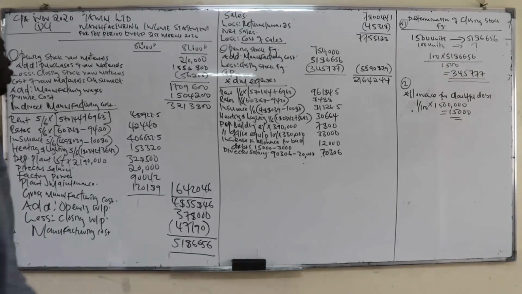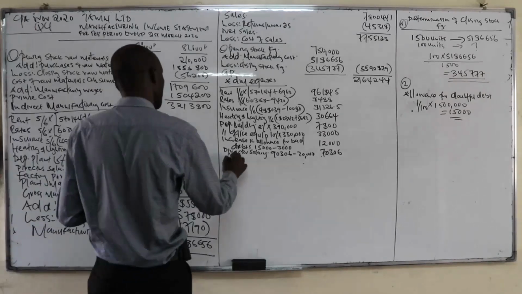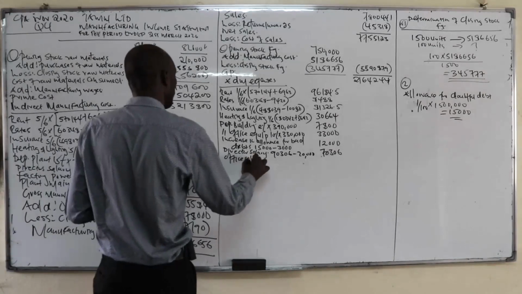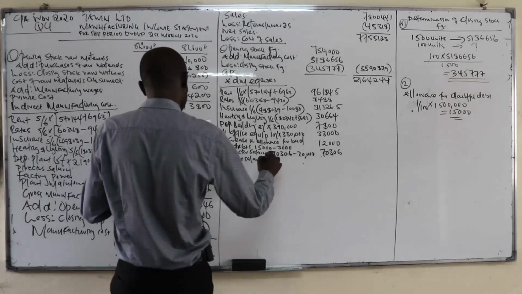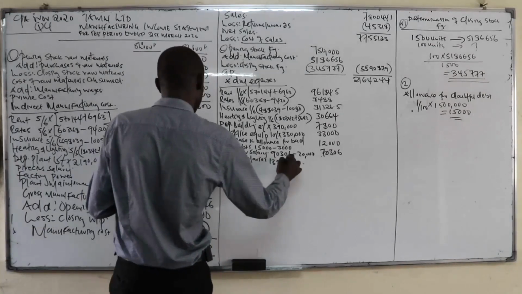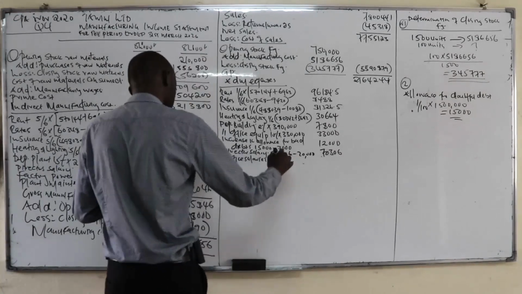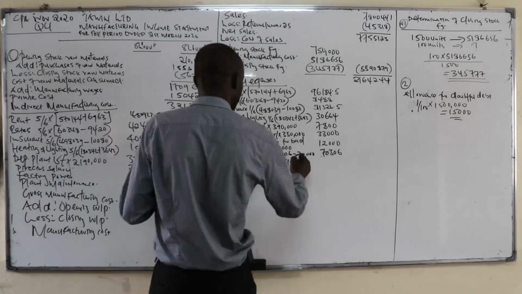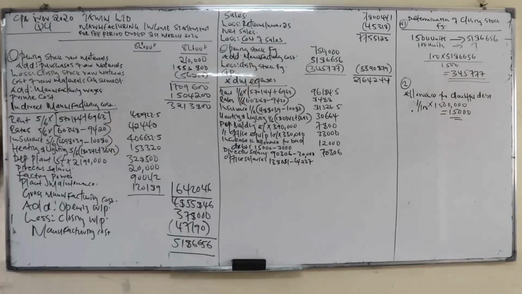So we're going to write here office salaries. The total cost is how much? 138,031 or 081? 081 minus 64,37. So that one was paid to what? How much is that?